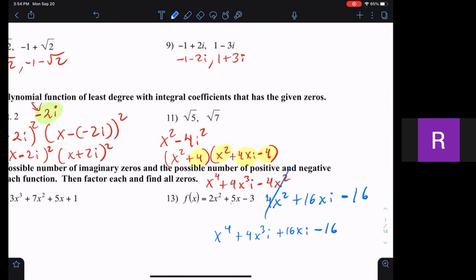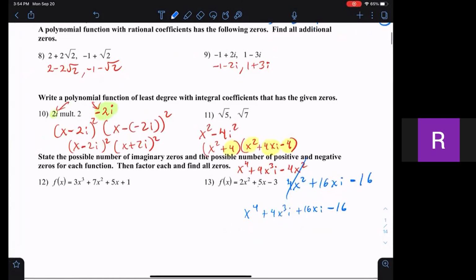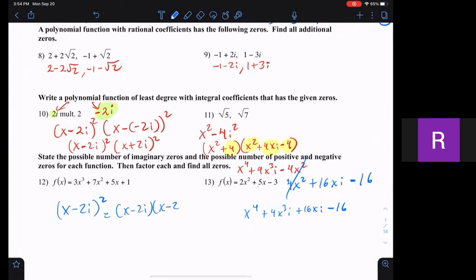Okay, so let's check if something might be wrong here. Let's double check. So the x minus 2i, maybe I folded wrong. So this is x minus 2i, x minus 2i. So this is x squared minus 2xi minus 2xi plus 4i squared, right? So this is going to be -4, so this is x squared minus 4xi minus 4, right? And I need to FOIL this with the trinomial. Oh, it was different, you see? So I made a mistake.